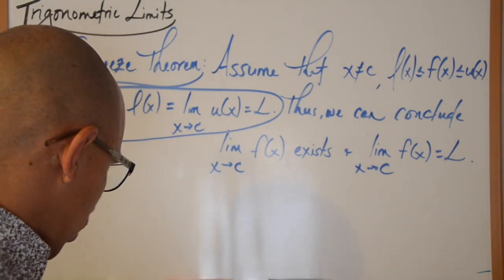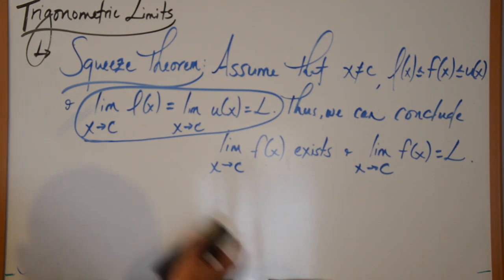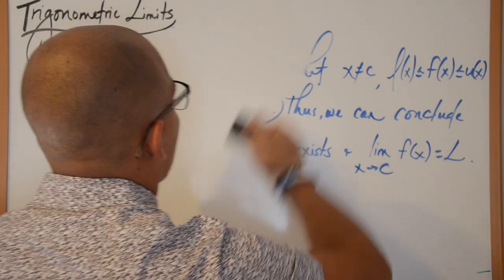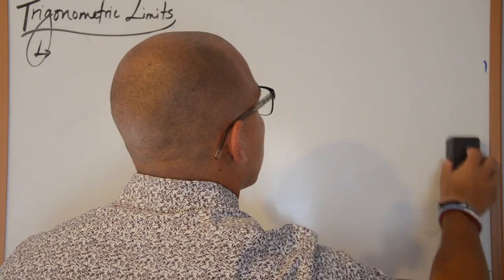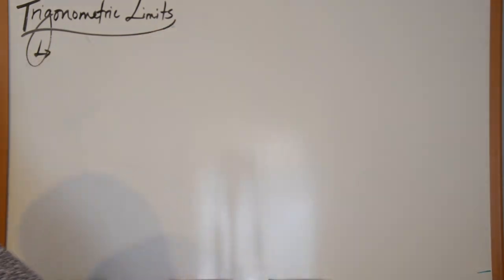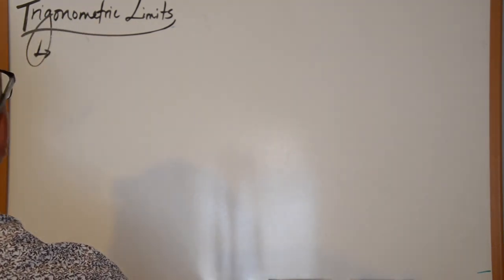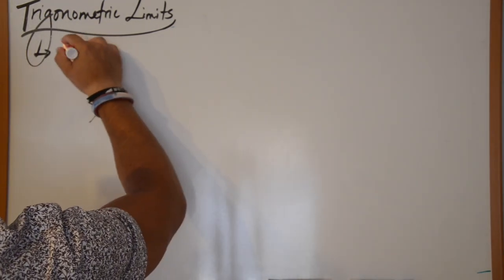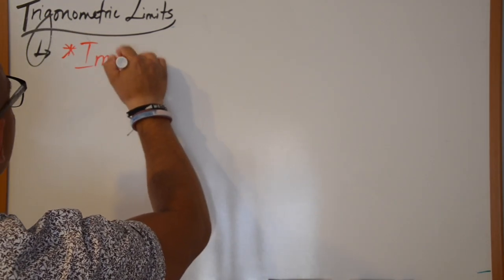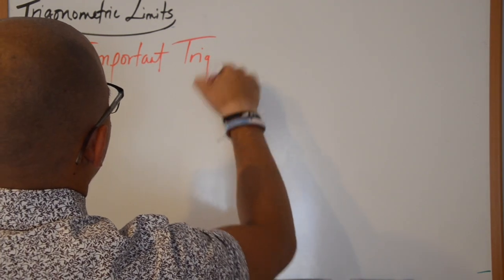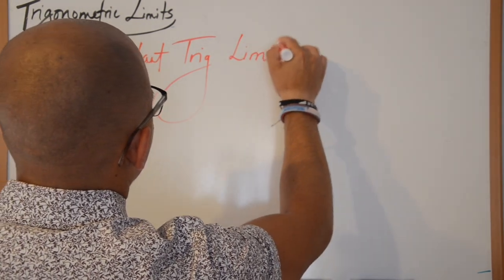But let's get into some practice. But before we get there, we have to talk about two quick, I like to call them cheat codes, but they are also theorems. So we have important trig limits.